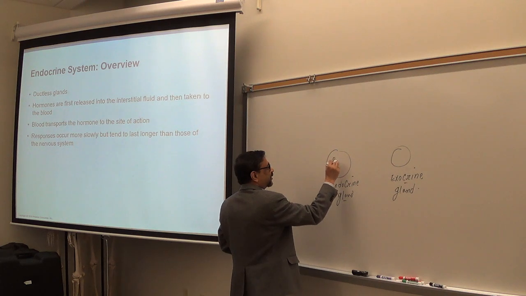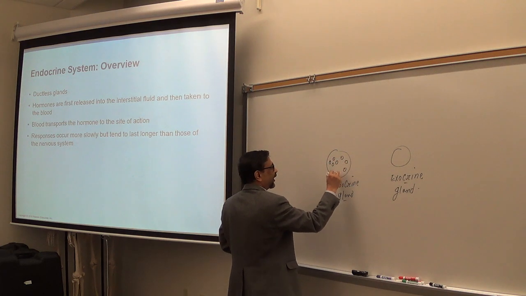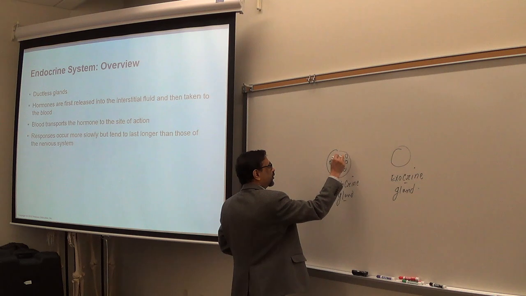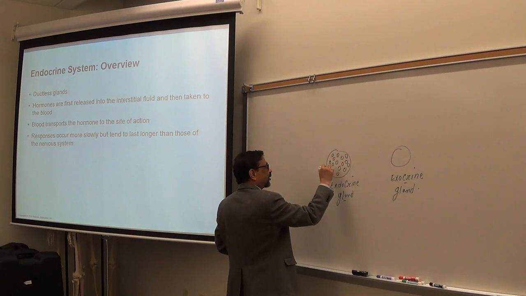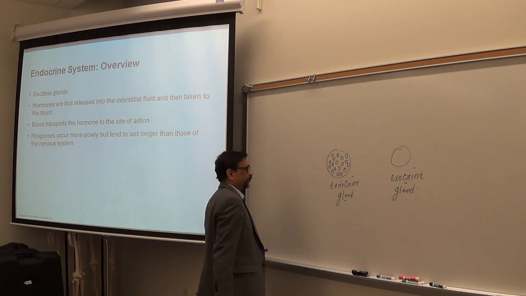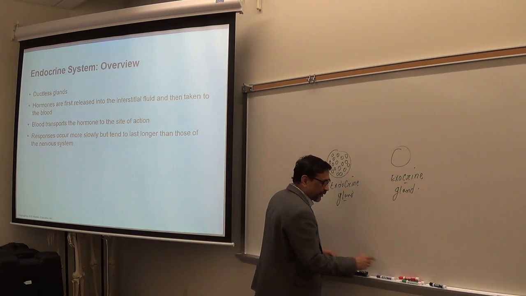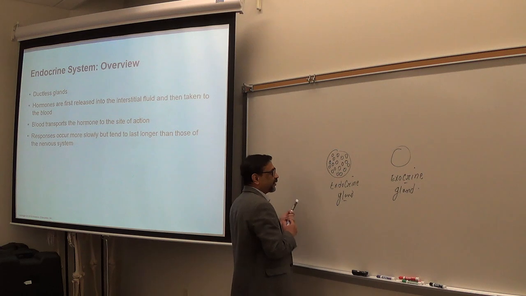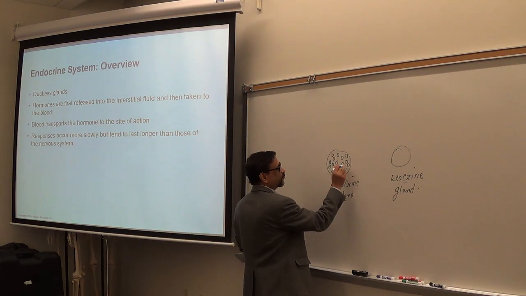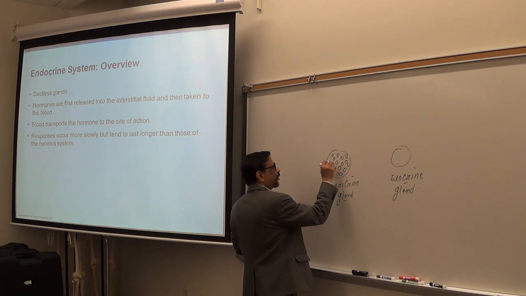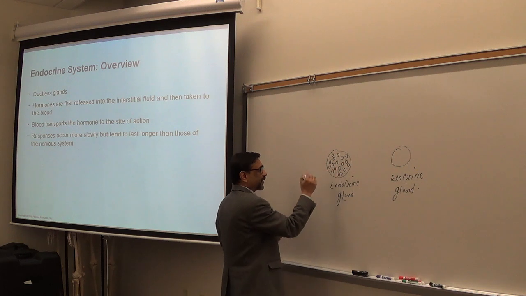These are the cells inside the gland. So these cells produce hormones and secrete the hormones in the interstitial space in between the cells.